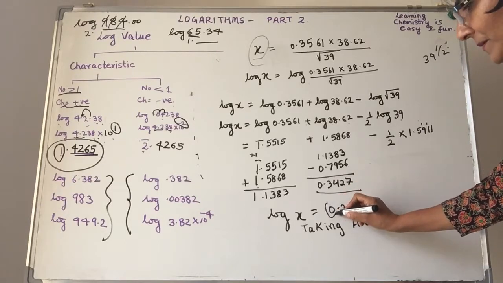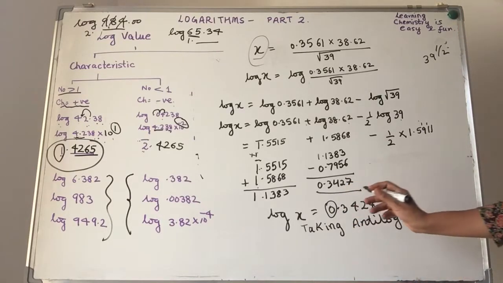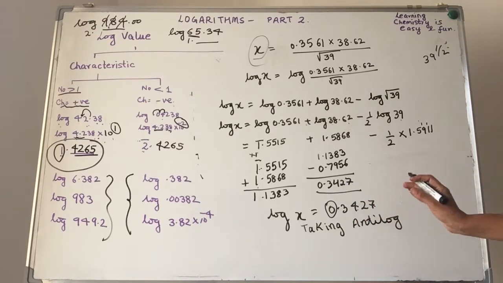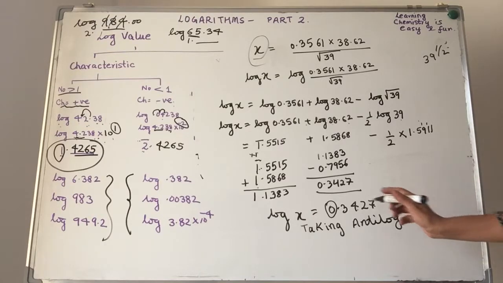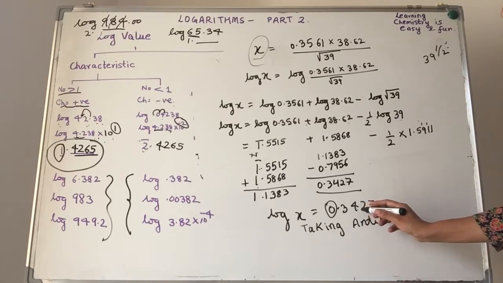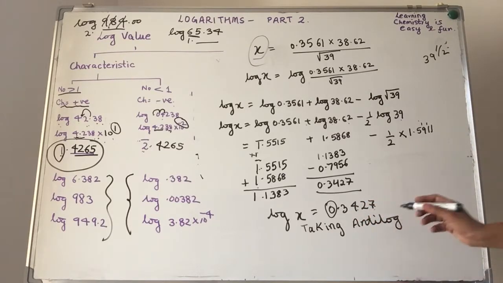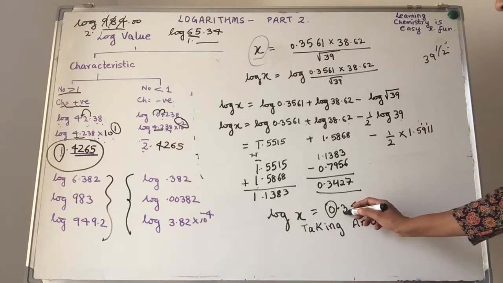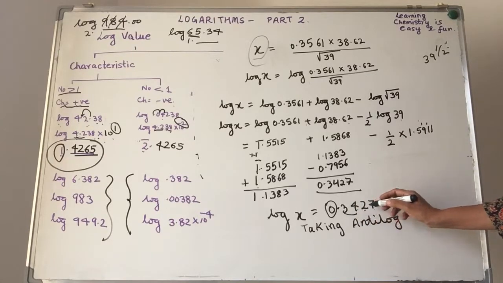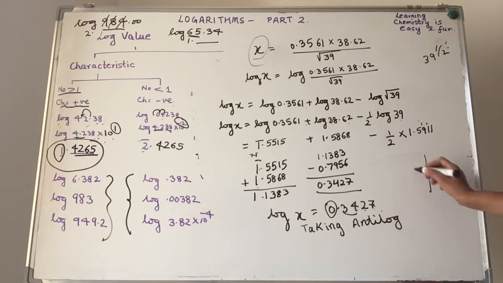Why not this number? This number will give you the position of the decimal, where you have to put the decimal. So this becomes simply 10 to the power 0.3427. Use your anti-log table. 0.34 under 2 and 7. Same way, 0.34 in the left hand bar, 2 at the top and 7 in the mean difference.